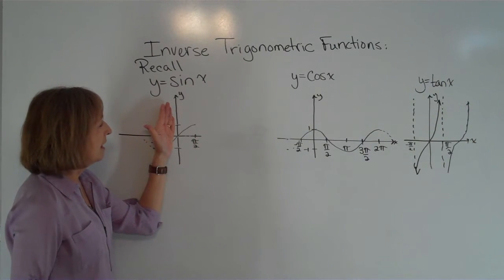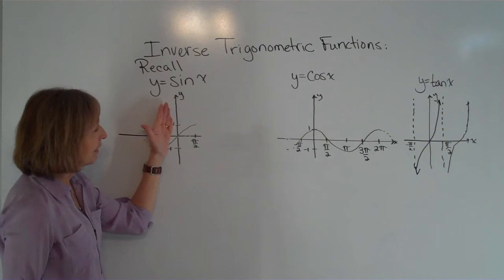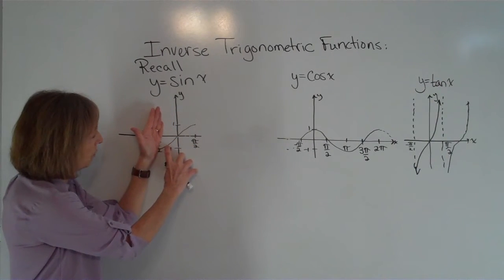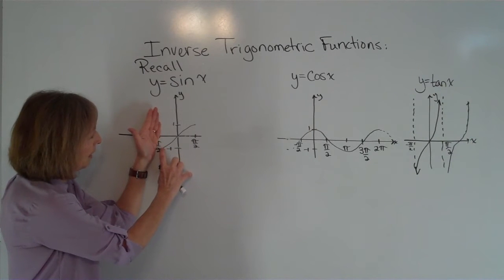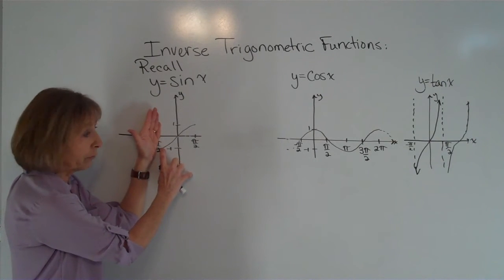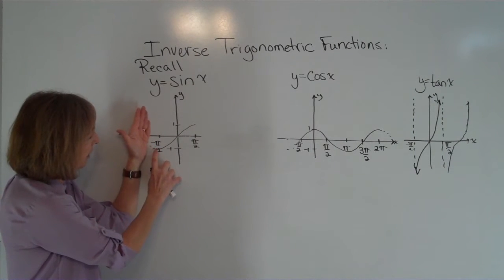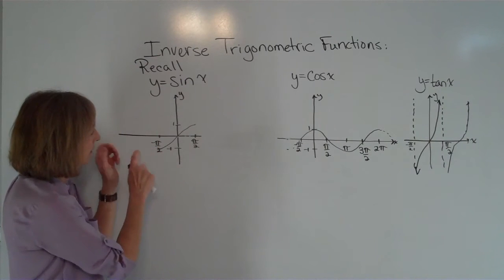So if I then look left of the y-axis, I see it's still 1 to 1, and there are still new outputs that I hadn't seen before. Right when I get to an angle of negative pi over 2, it starts to turn around and fail being 1 to 1 after that.